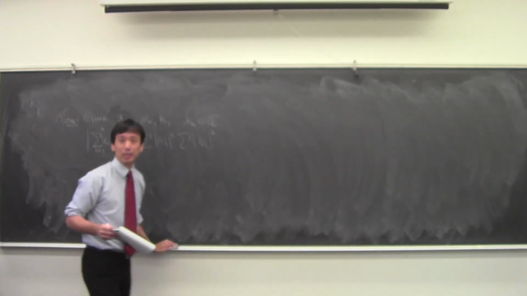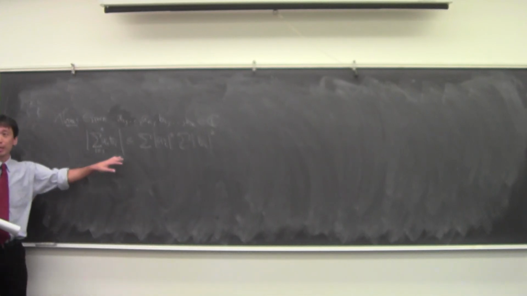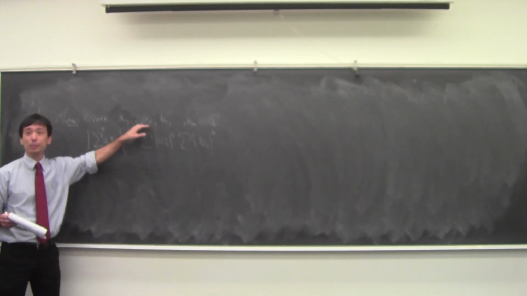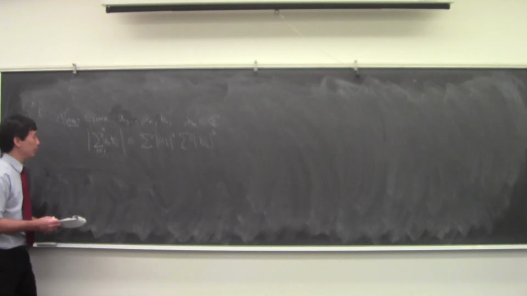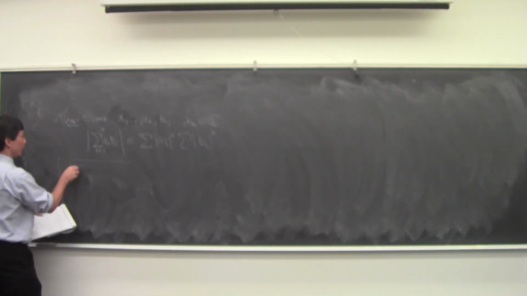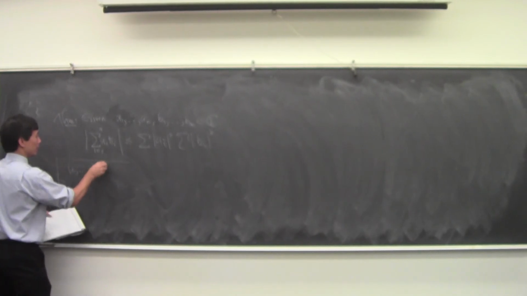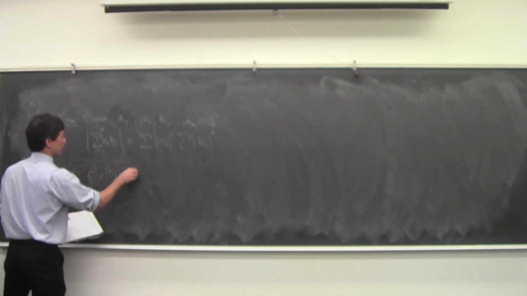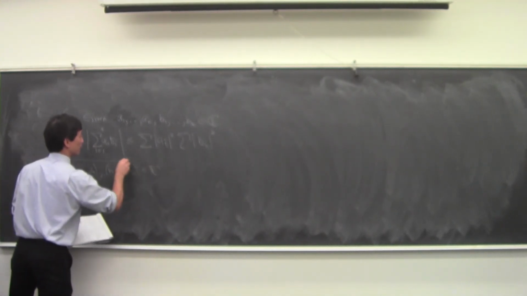You've probably seen something like this back in multivariable calculus, but not with complex numbers, but with real numbers, right? With real numbers, you have some vector A1 through An, and you have some other vector, B1 through Bn in Rn.